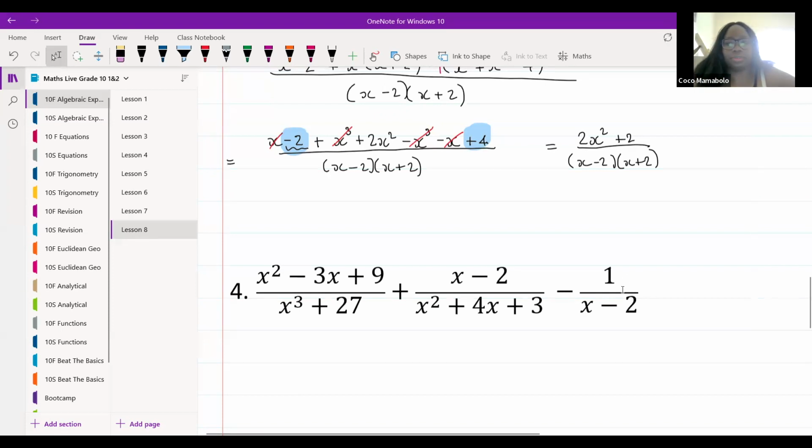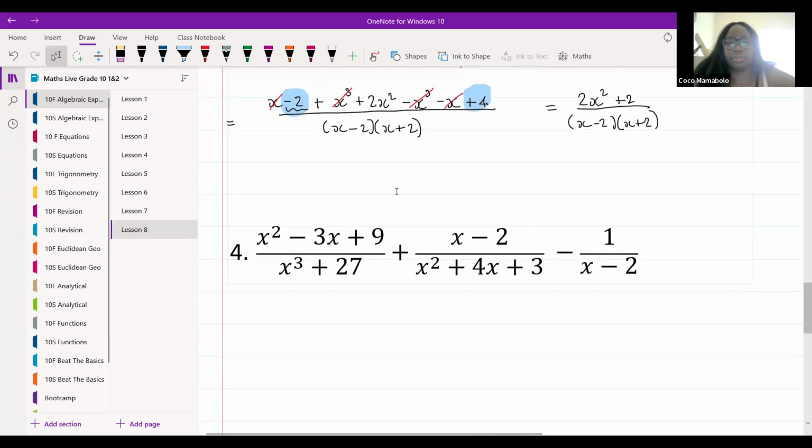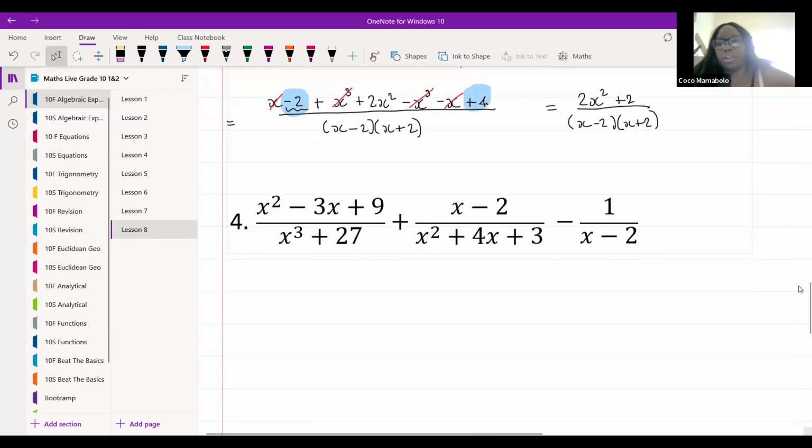I wanted to ask about the top, because it's polynomials. Would it be wrong if I rearranged them and grouped them in like terms, then went to the final answer? In the question we did before?